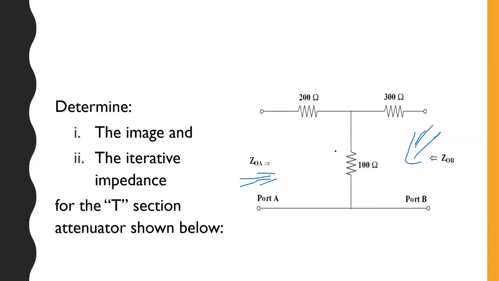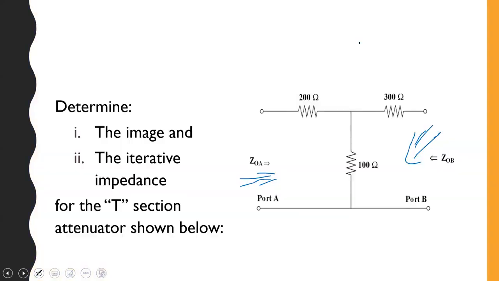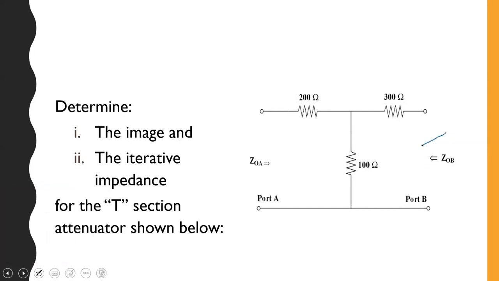But anyway, if we use the principle that was applied to the characteristic impedance, if I open this port, what would ZOA be equal to? 300.